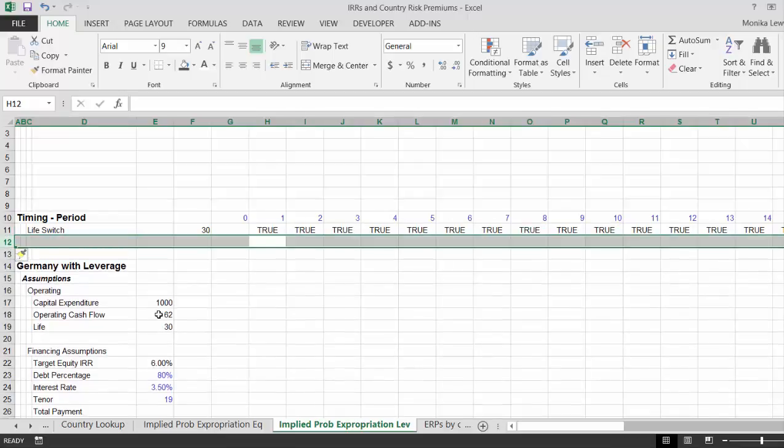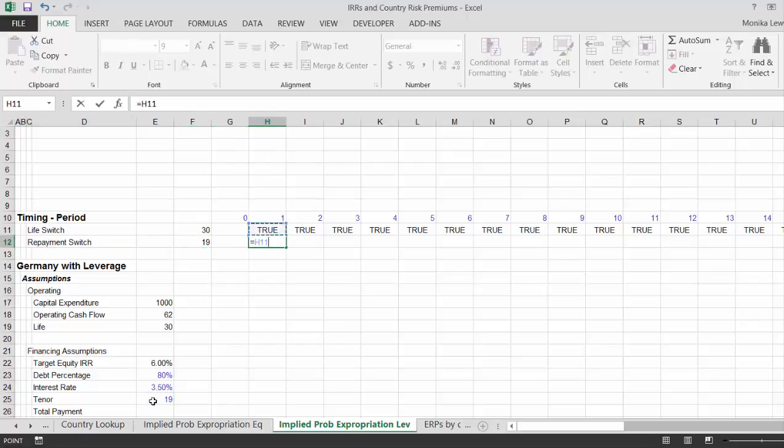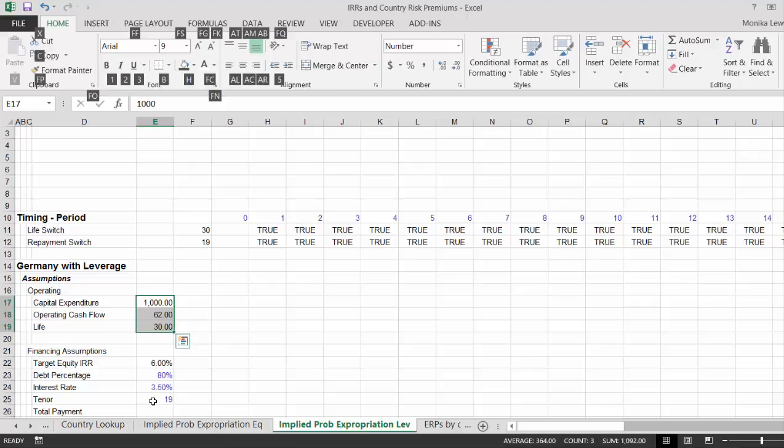And then we're also going to put in a debt tenor, so we put a repayment. Which, of course, you could make ridiculously fancy, but we're going to try to keep it simple. Okay, so we have those two switches, and then 1, Alt H9, Alt H9.